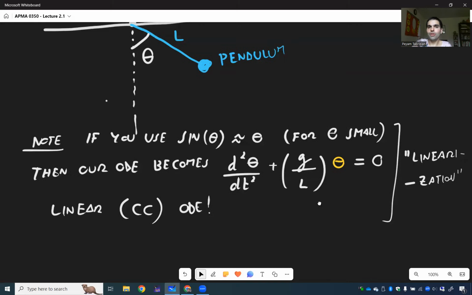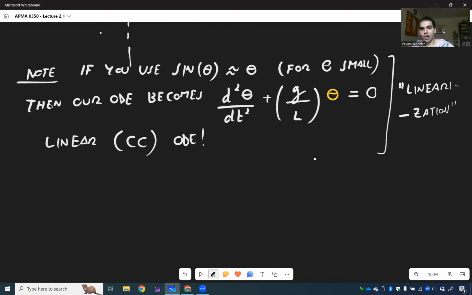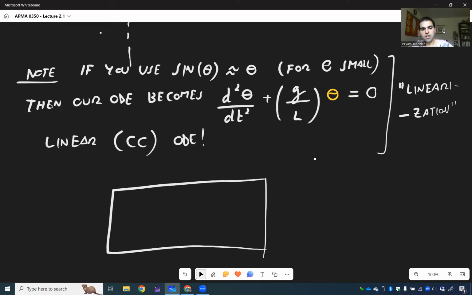And so last but not least, I just want to show you a little picture of the ODEs we've discussed. So we had our linear ODE, our nonlinear ones. And within the linear ODE, there are the constant coefficient ones.